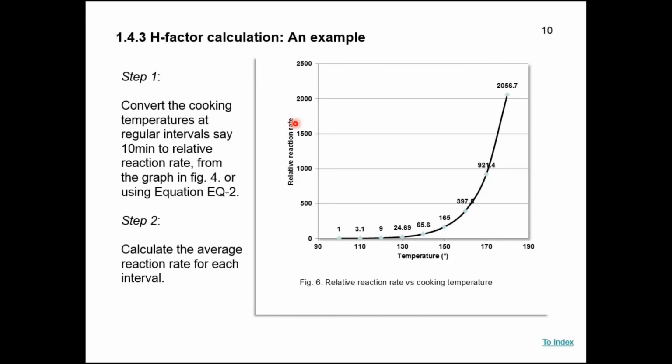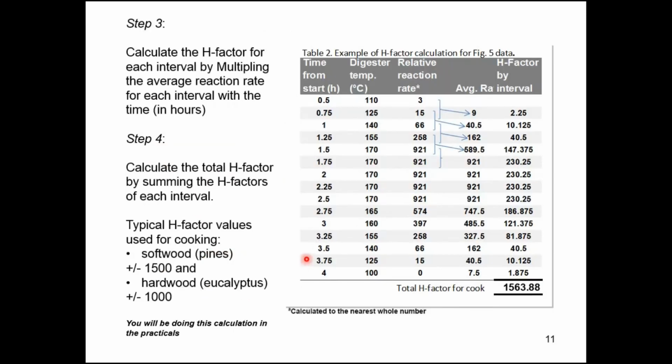So in your assignment 1, I'm going to ask you to calculate an H factor, and you will have to do this conversion between temperature and relative reaction rate. So remember, that was the first step. And then we said that you break your cook into time intervals, say 5 minutes or half an hour, or what the case might be.